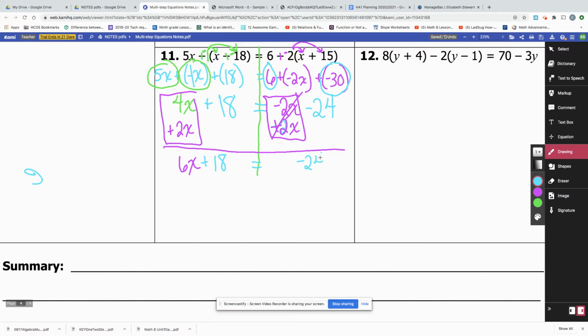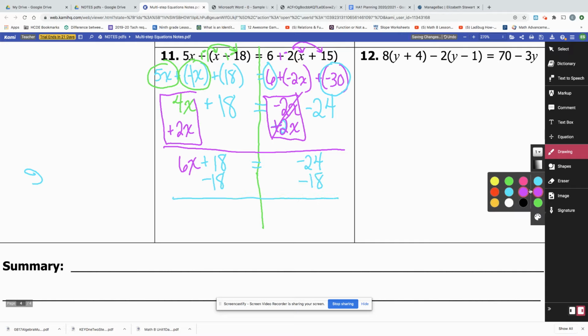Because on the left side, I have the positive 18, I can do additive inverse. So instead of adding, I'm subtracting 18 from both sides.